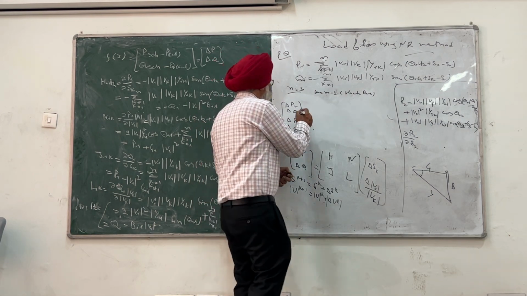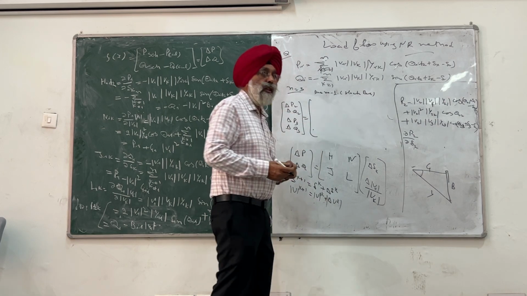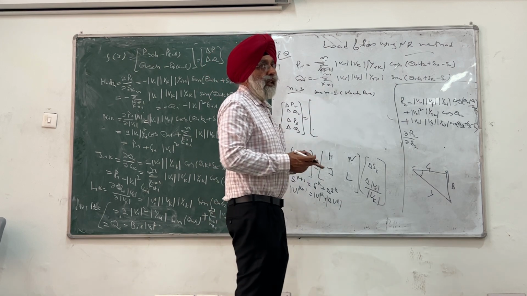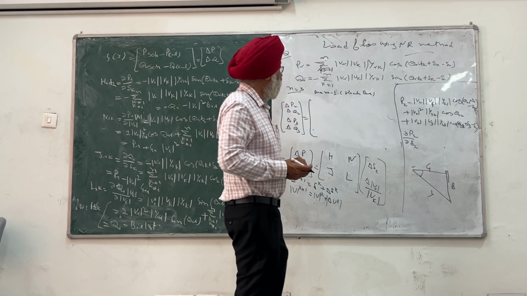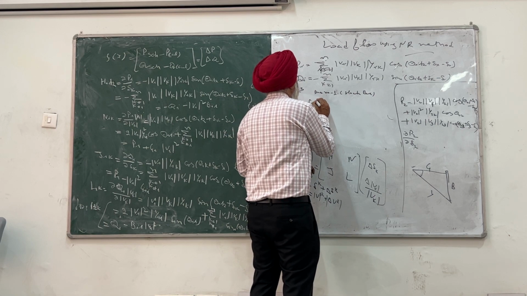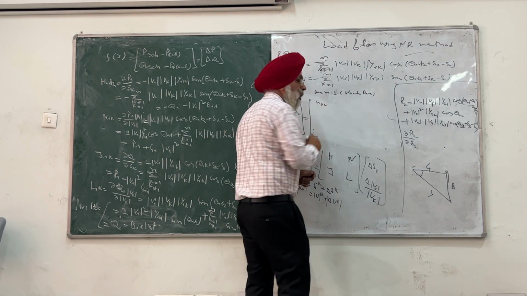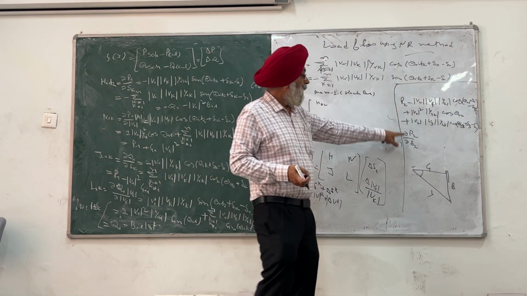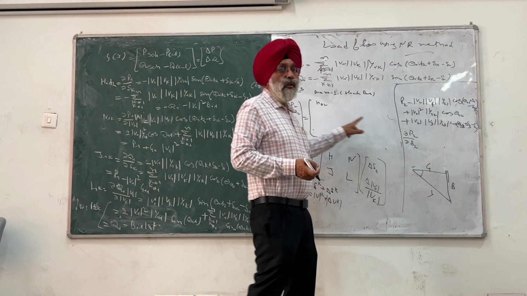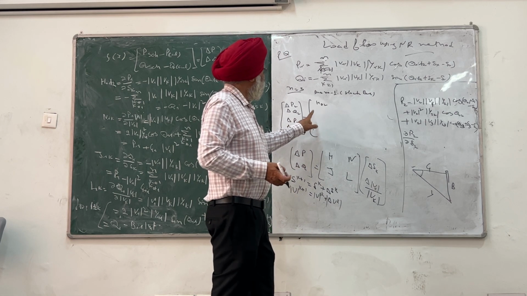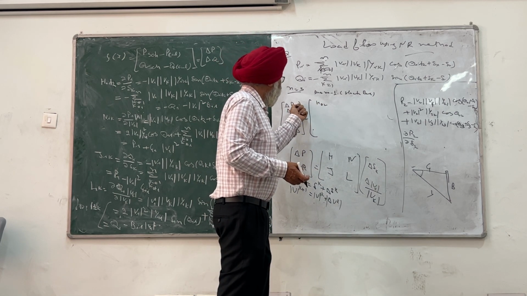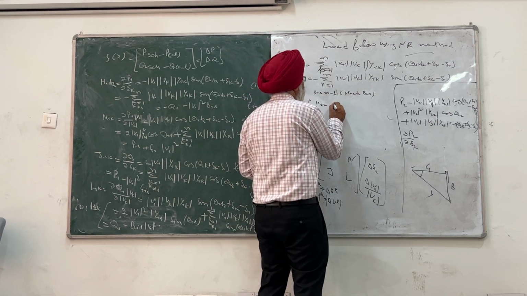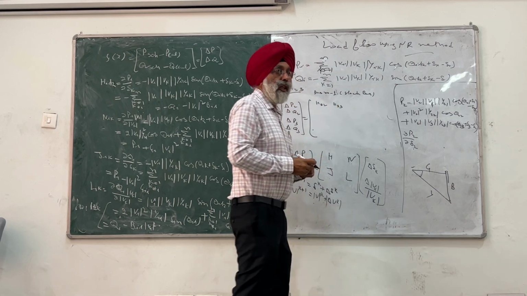So we have to calculate the H for bus number 2. First we have to calculate the H with respect to bus number 2. So first is H2, the derivative of P2 with respect to delta 2. That is equal to H22. Similarly, derivative of P2 with respect to delta 3 will be equal to H23.